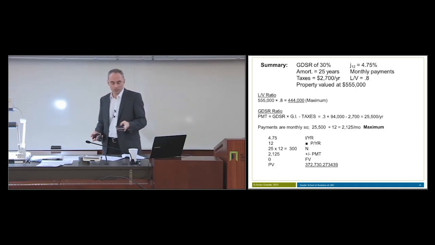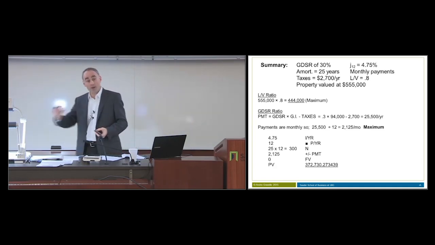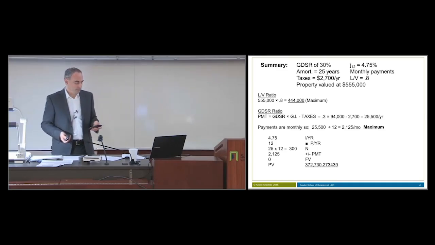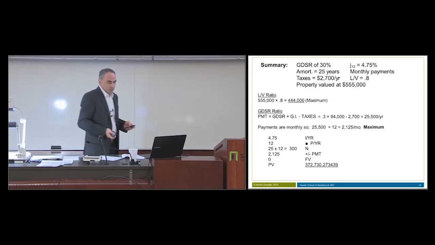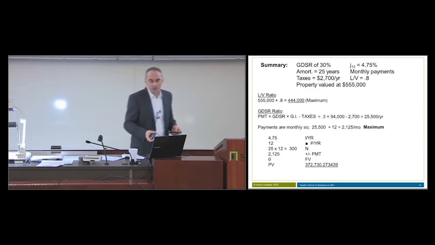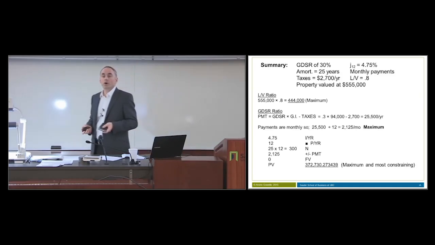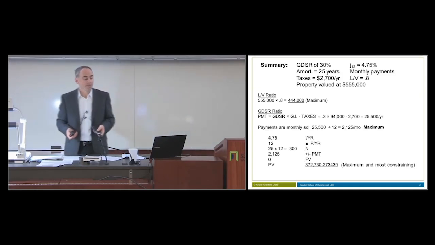Zero future value, of course, because these payments will fully pay off this loan after 25 years. And the last thing we do is calculate a present value. So present value about $372,000. So this is the maximum loan based on the gross debt service ratio.